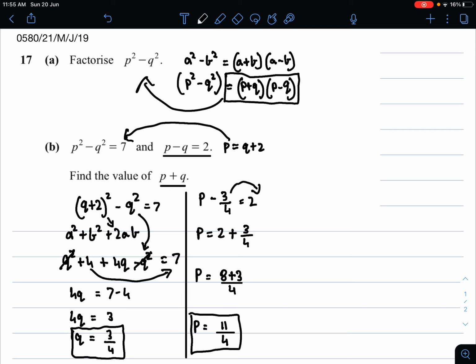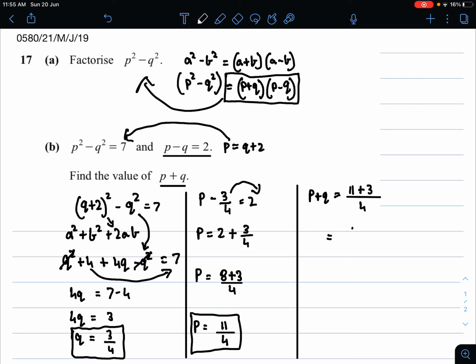Now you leave it as an improper fraction so that we can add it easily to q to find our final answer. So let's do that. P plus q is equal to, we know the value of p, that is 11 by 4, and we know the value of q, that is 3 by 4. Since they are the same denominator, we can write it as one fraction. So 11 plus 3 by 4.